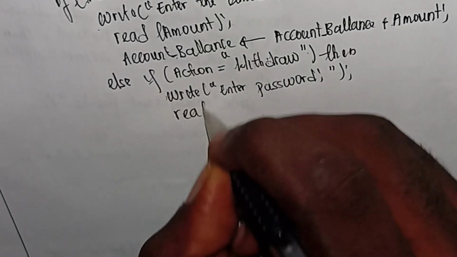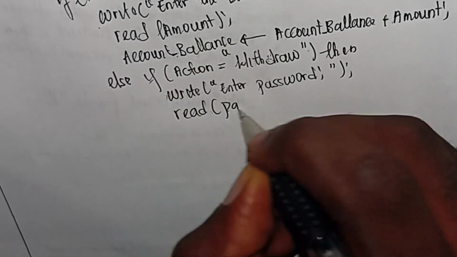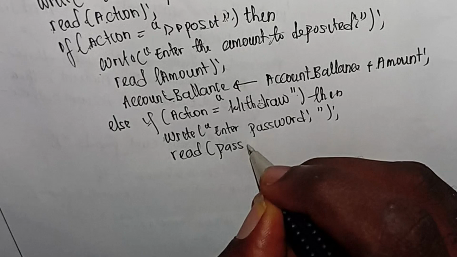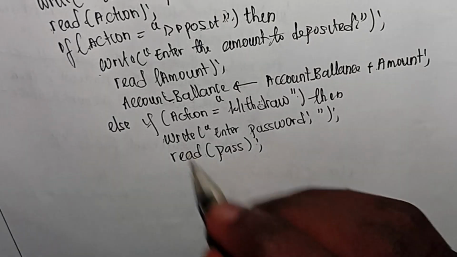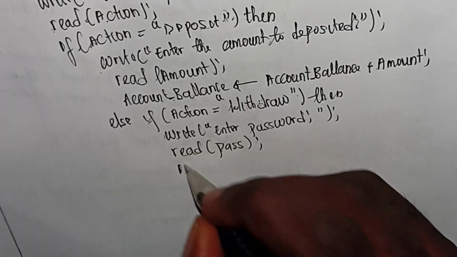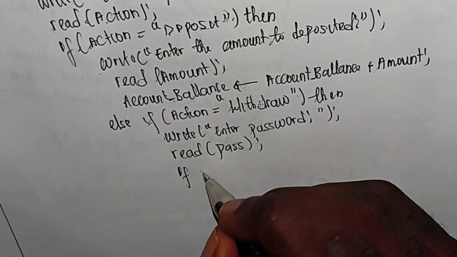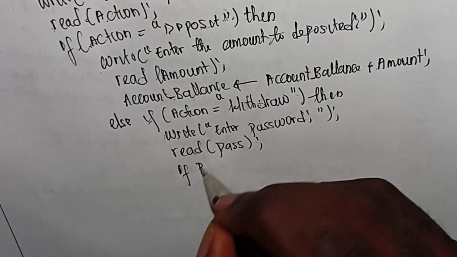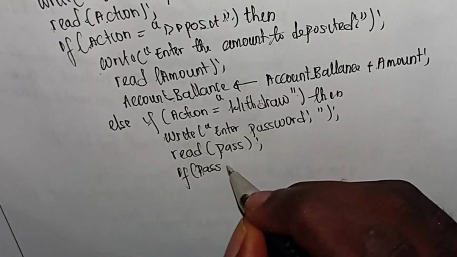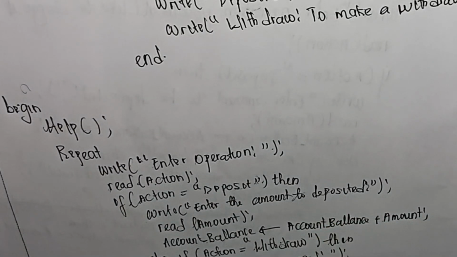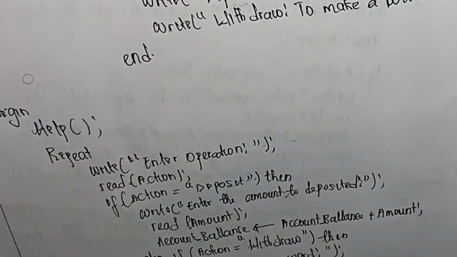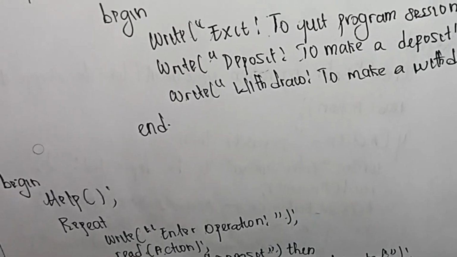We want to read the pass. The variable assigned for password was pass. Now we want to check if pass is equal to... oh my bad, I didn't create the constant.